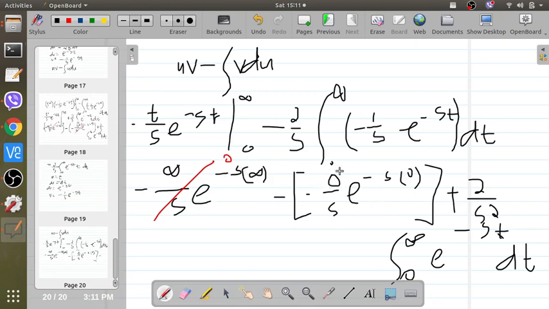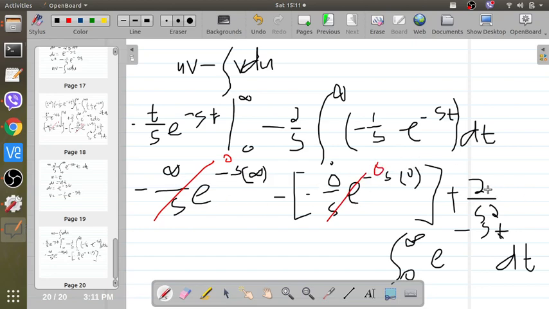Then 0 over s is 0, times e raised to the power of negative s times 0, which is 1. So 0 minus 0 times 1 is just equal to 0.